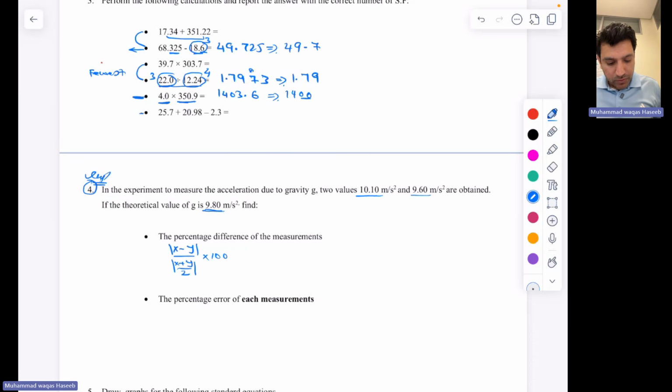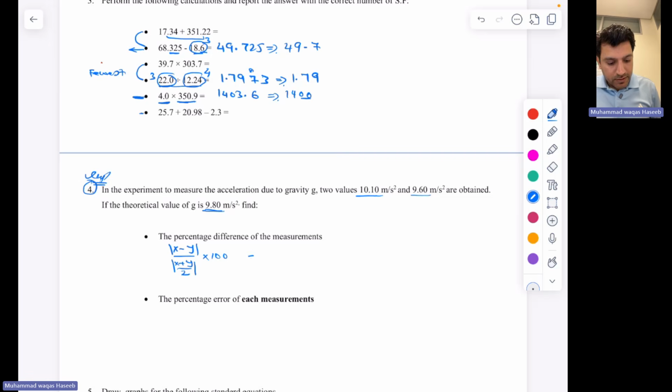So you will get 10.10 minus 9.60, which is 0.5, divided by 10.10 plus 9.60, divided by 2, and multiplied by 100.